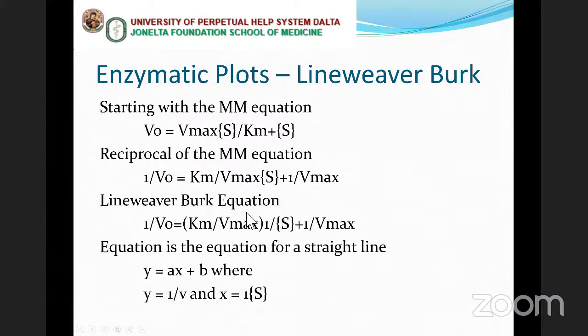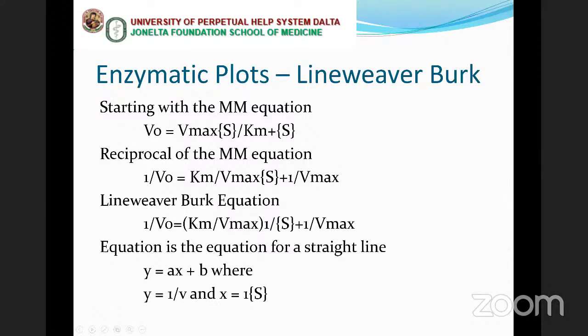So your Lineweaver-Burk equation would be like the equation for a straight line, y equals ax plus b, where your y is your 1 over v and your x is your 1 over substrate.